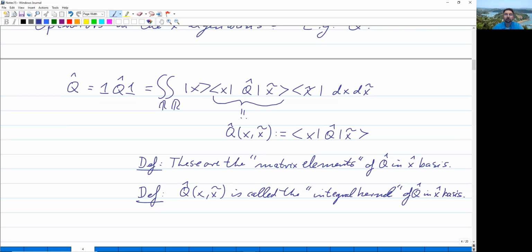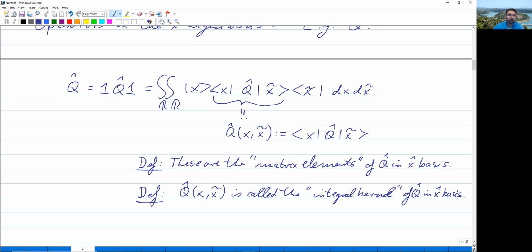So that's the same thing, matrix elements or integral kernel. You can see why it would be called integral kernel, because it's a quantity made for integration. Just like a matrix is meant to be applied to a column vector and then summed over, here we have this continuous version of a matrix. It's meant to be multiplied with a function and integrated over.